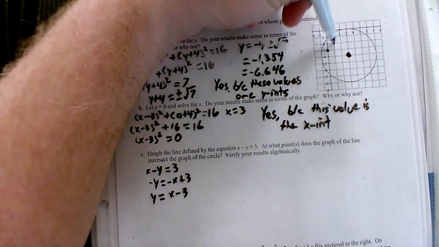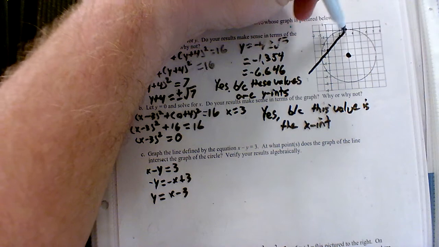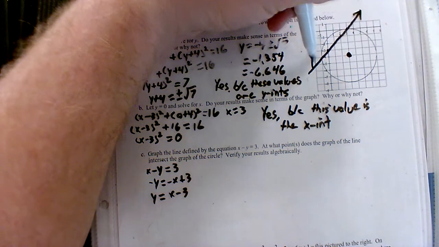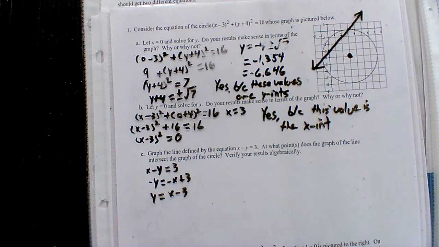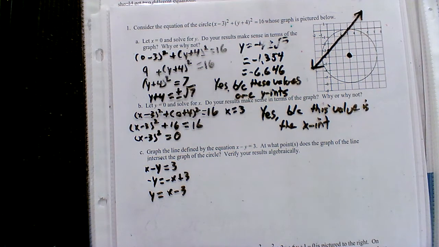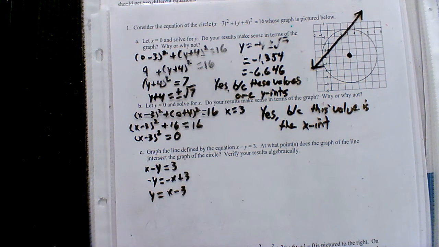Our slope is 1. So we're graphing this line on the same graph as our circle. So the ultimate question is, where do they intersect? Yes, we can look at the graph, but they want us to verify it algebraically.